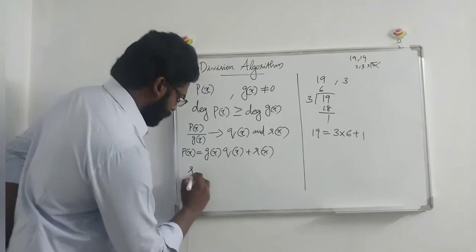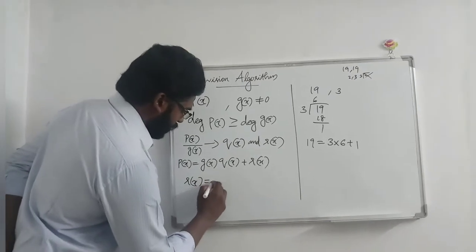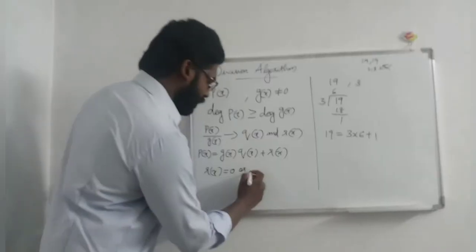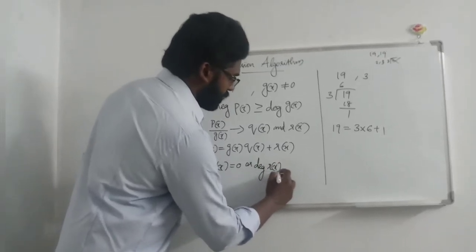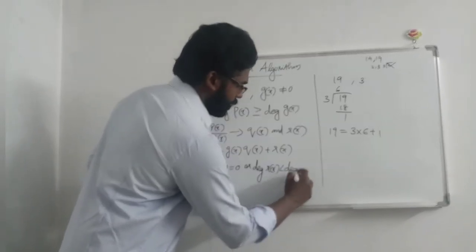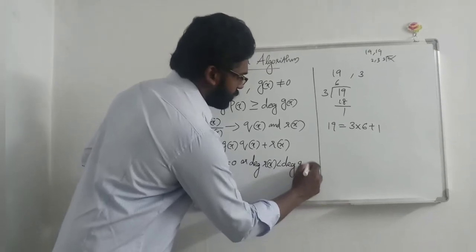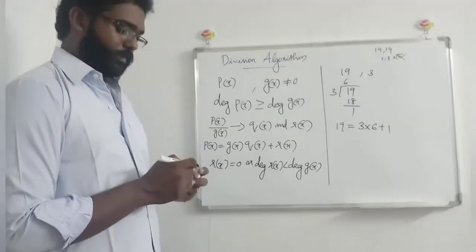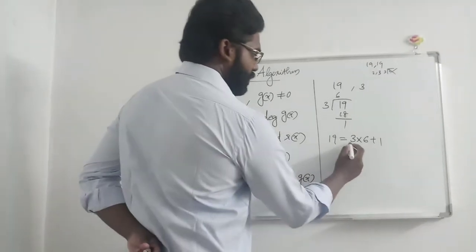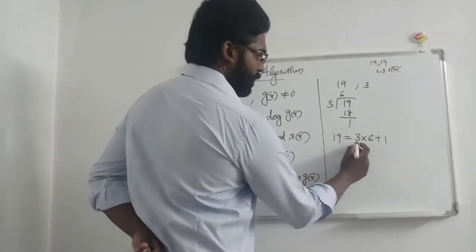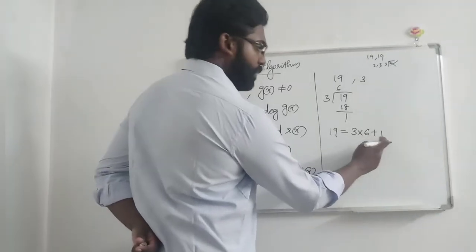Maybe the remainder is equal to 0, or the degree of R of x is less than the degree of G of x. You can check here: this is the dividend, divisor, quotient, remainder.